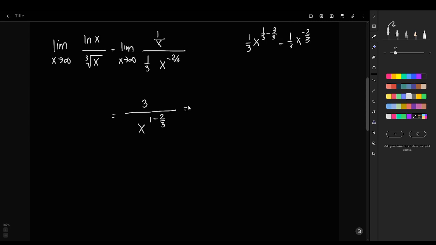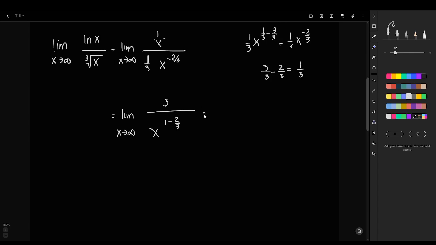And so this is, I forgot to put the limit. So limit as x approaches infinity gives you 3 all over x to the 3 over 3 minus 2/3, and that gives you 1/3, right?